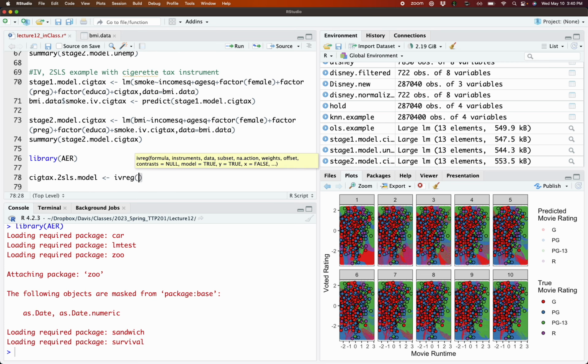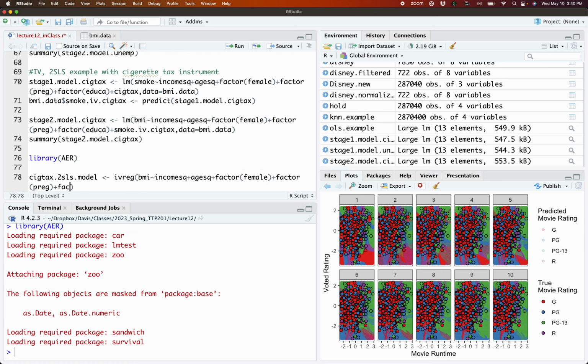Okay, so this uses a function called ivreg. We have our standard formula: BMI, income squared, age squared, female, pregnant, education.